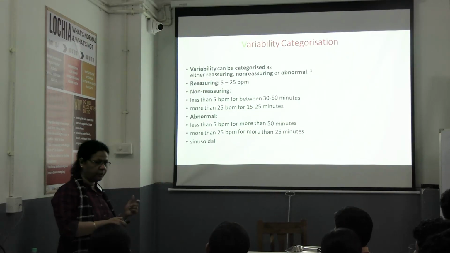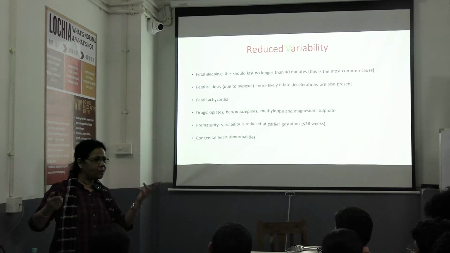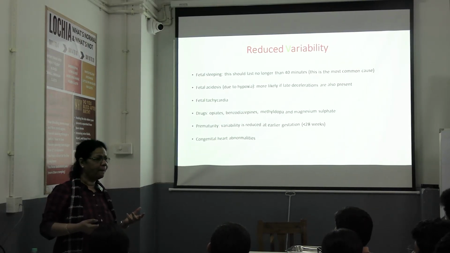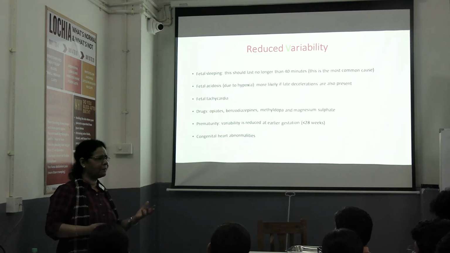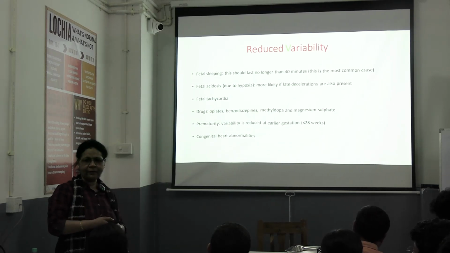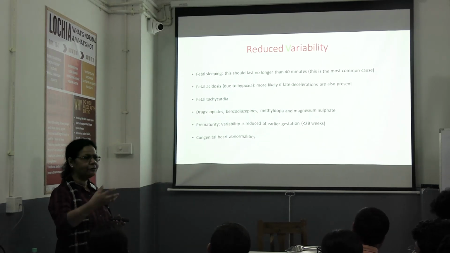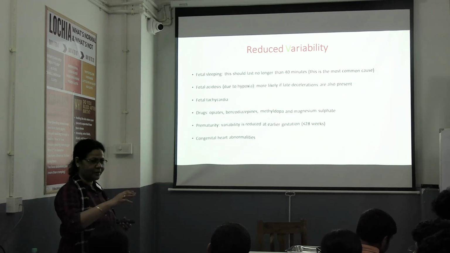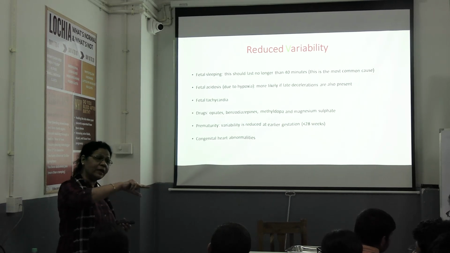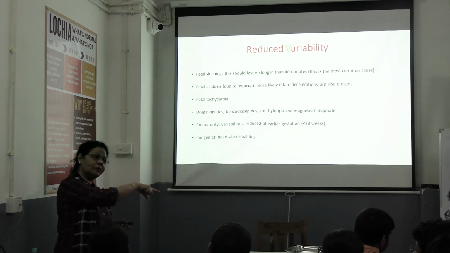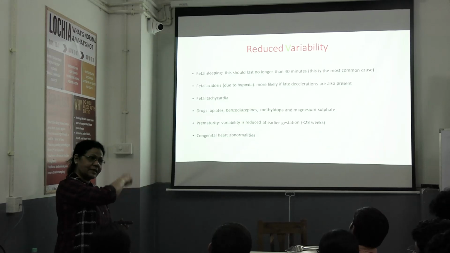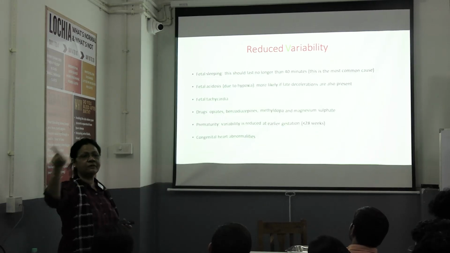How can you take out the baby? Any other way? Normal labor. Allow labor. If she is not in labor, you might have to induce. But if you induce, that can also cause fetal distress. The medications might cause fetal distress.